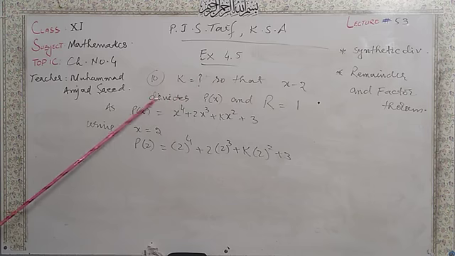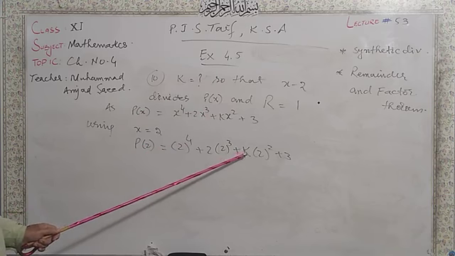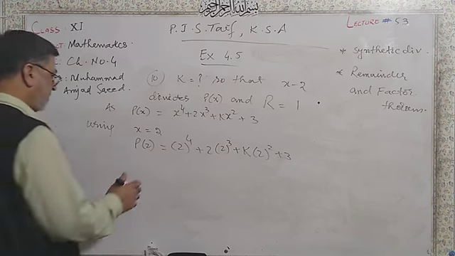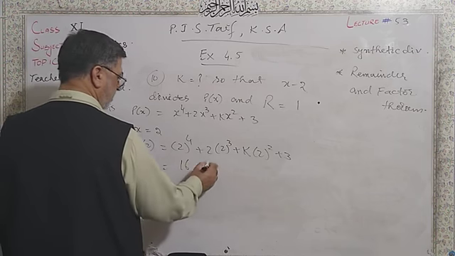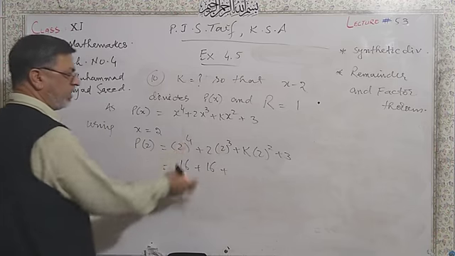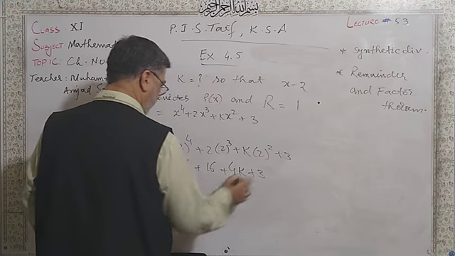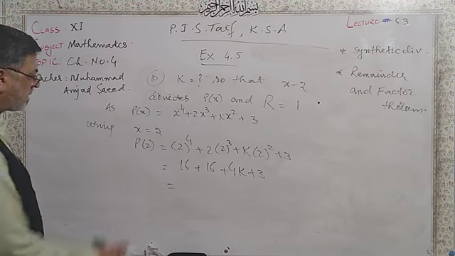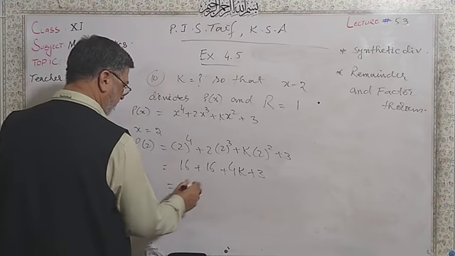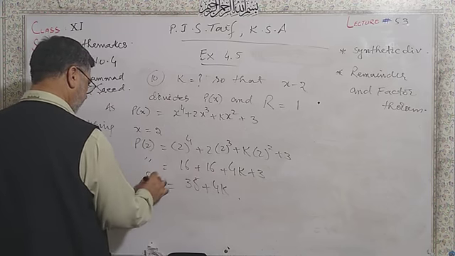So p of 2 is 16 plus 16, because 2^3 is 8 and twice that is 16, and that is 4k plus 3. 16 plus 16 is 32, plus 3 is 35 plus 4k. This is p of 2.